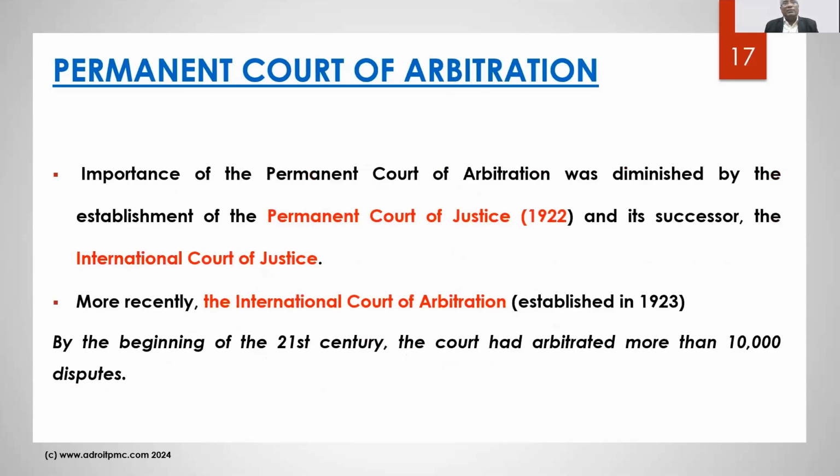And subsequently, after the establishment of the PCA, then came the International Court of Justice, which we are seeing now. Once the International Court of Justice was set up, the PCA went into oblivion.